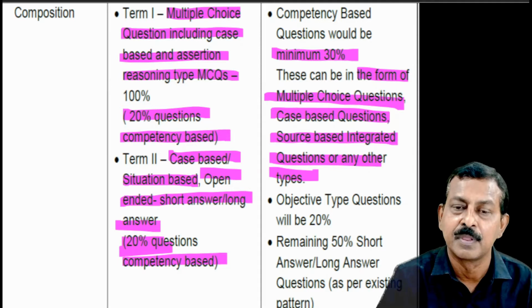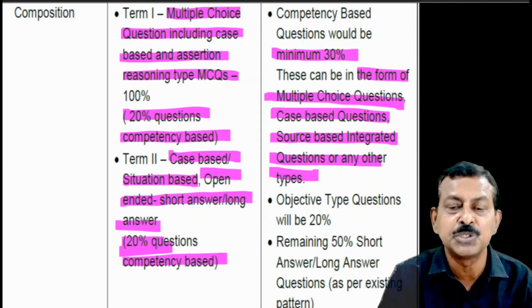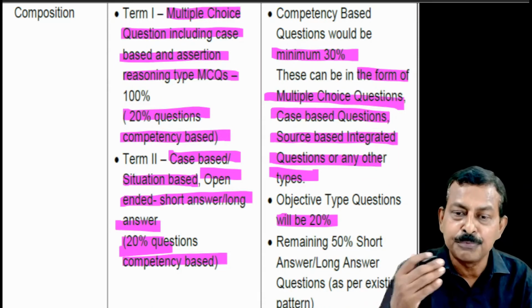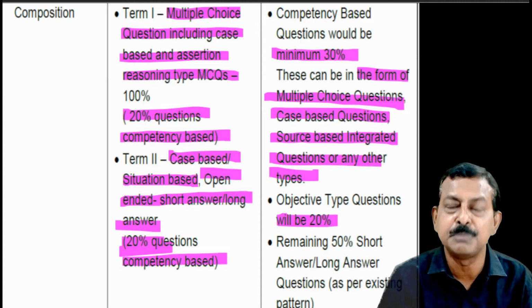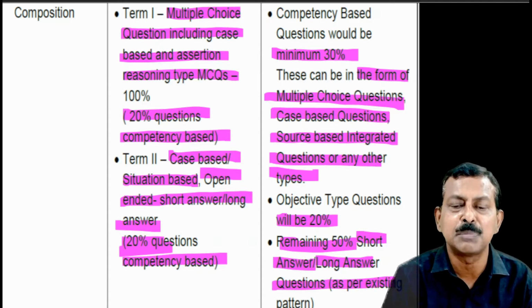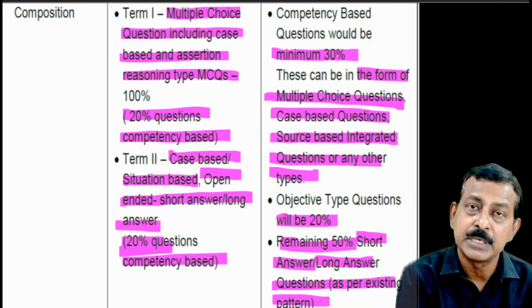So it will be 30% questions. And objective type questions will be 20%. And the remaining 50% questions will be short answer or long answer questions as per the existing pattern which was prevalent for the batches 2021-22 also.